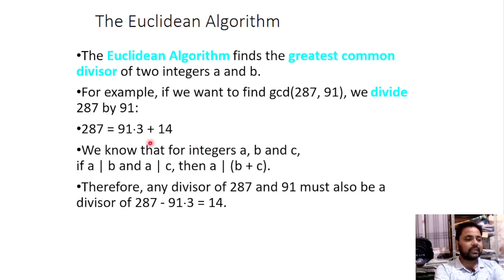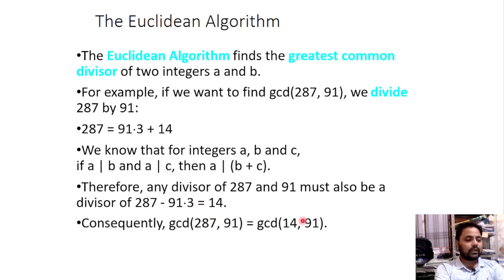Here we are simply shifting the right-hand side term 91 into 3 to the other side with 287. So 287 minus 91 into 3 is equal to 14, and consequently the greatest common divisor of 287 and 91 is equal to the greatest common divisor of 14 and 91.